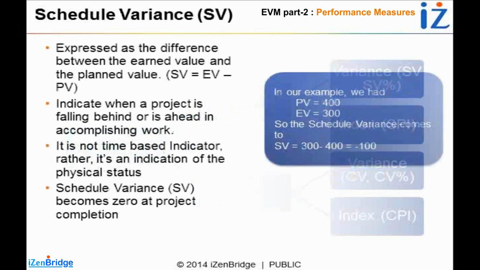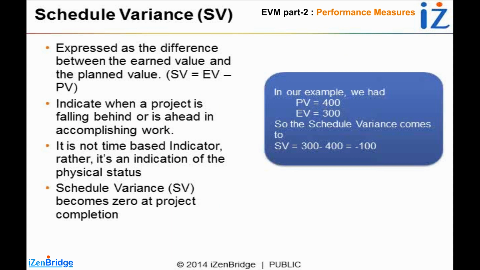Here I want to put a stress on something: a lot of times, even the PMBOK language leads to a misinterpretation, thinking the schedule variance is a time-based indicator. Schedule variance is not a time-based indicator. It only tells that we were expected to finish $500 of work and we have done $300 of work.